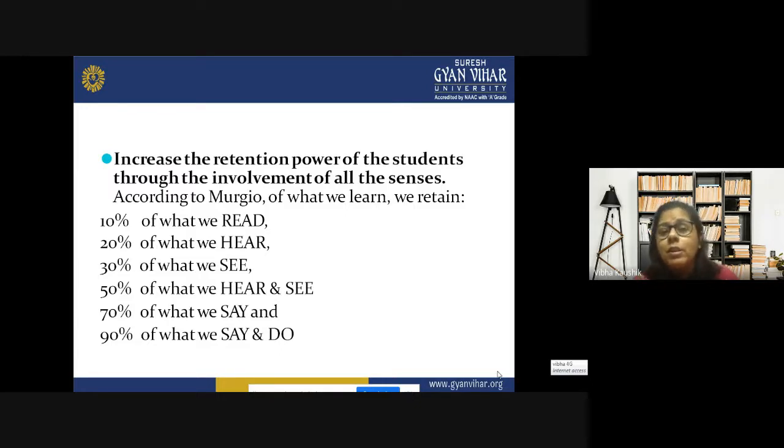Where there is involvement in the teaching learning process, then the retention will be 90%.